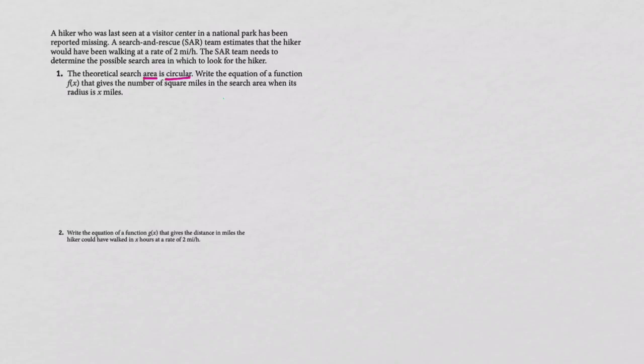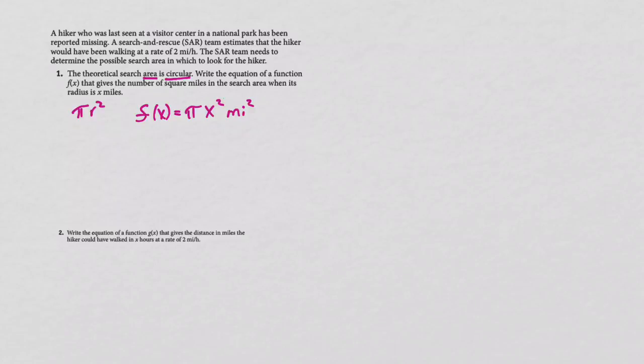I know that the formula for an area of a circle is pi r squared. But in the problem, it says my radius x is in miles. So I can write my formula as f of x equals pi x squared. And of course, my units in miles are also squared. So that's my f of x formula.